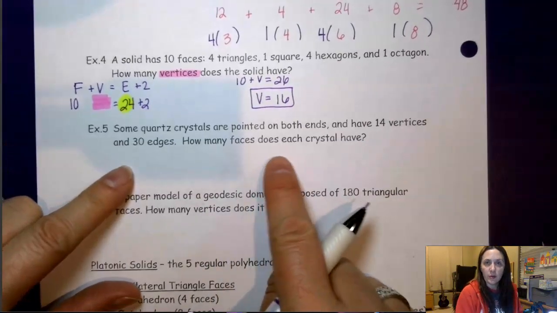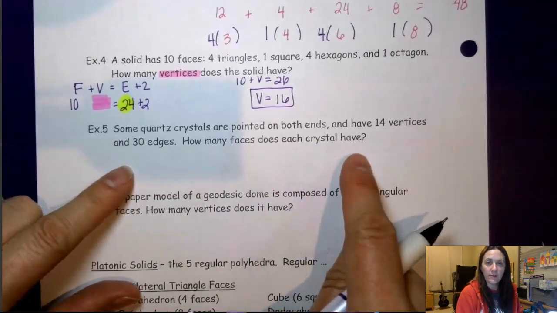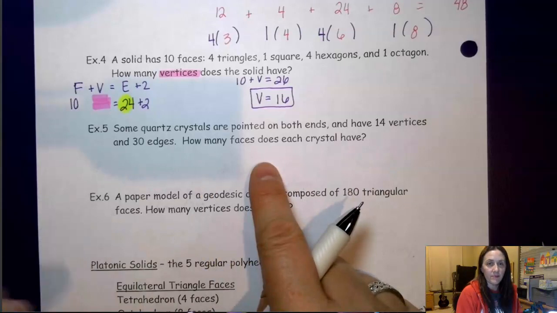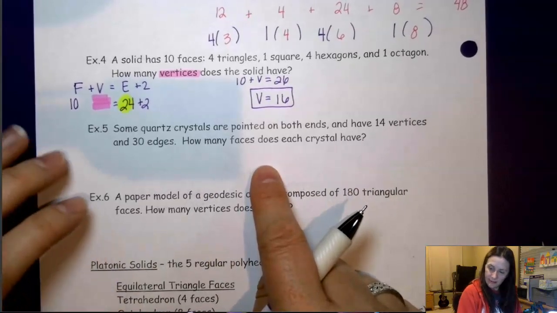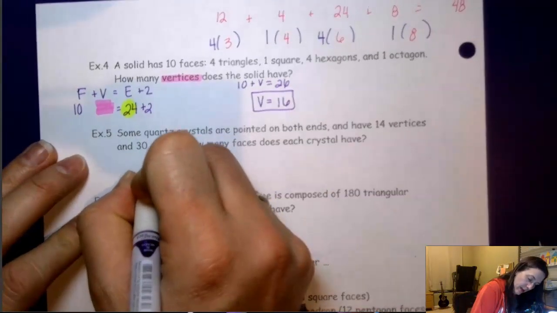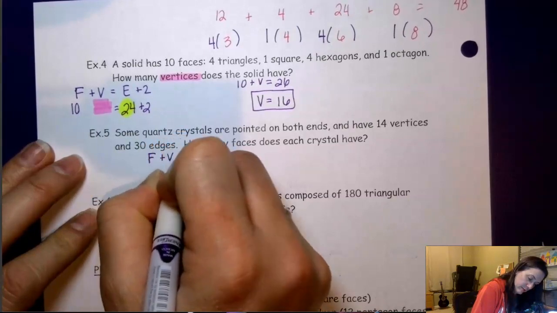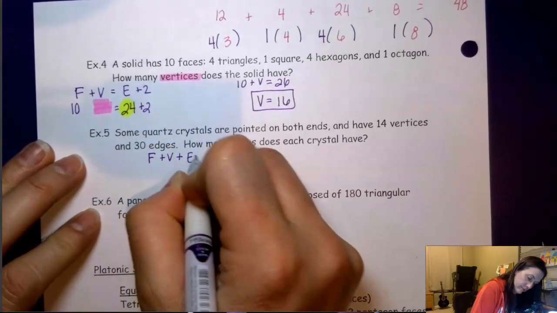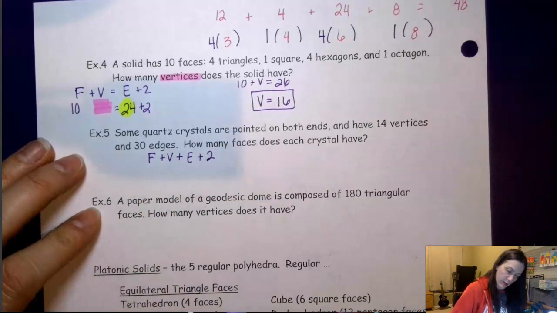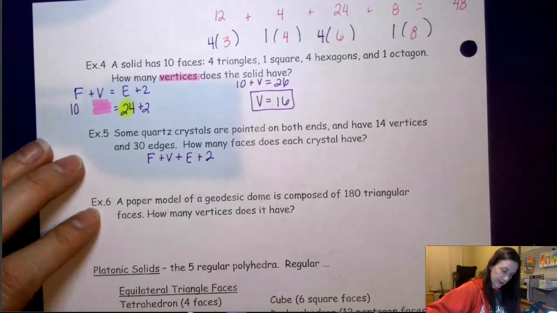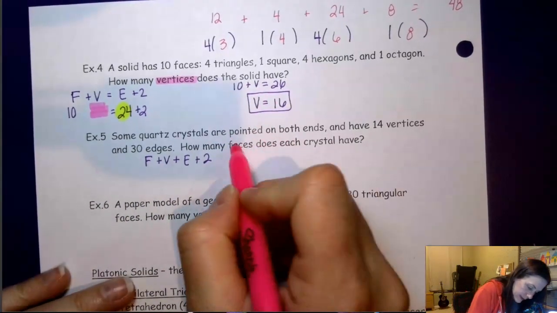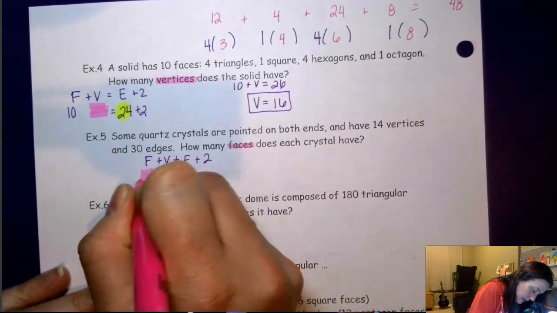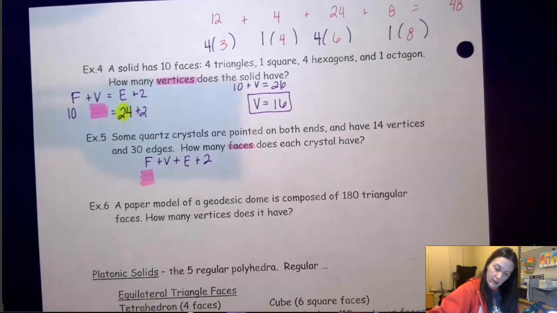Some quartz crystals are pointed on both ends and have 14 vertices and 30 edges. How many faces does each crystal have? So again, set up your F plus V equals E plus 2. I want to know how many faces this time. Faces is my question, so this is my variable that I'm solving for.